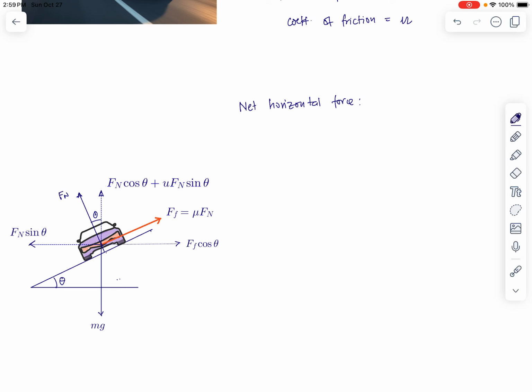The net horizontal force should equal the centripetal force. So it's mv square over r equals Fn sine theta, because this angle is theta.